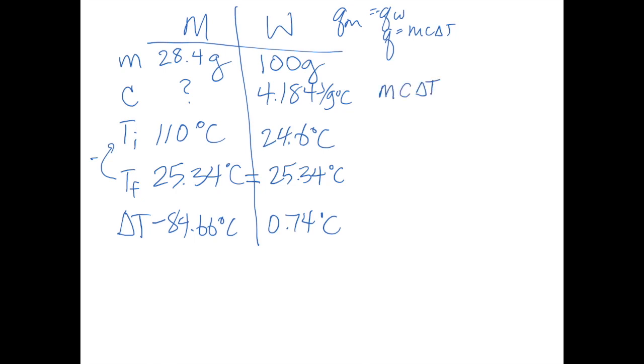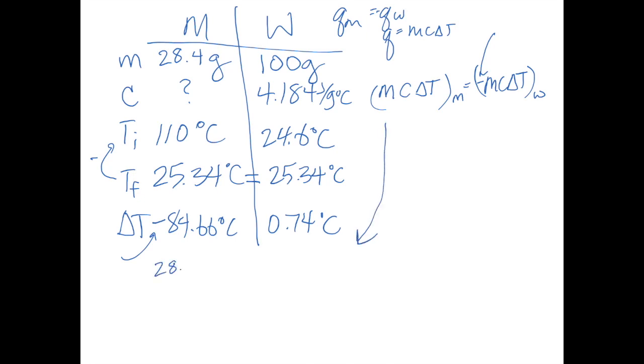So you get MC delta T for the metal is equal to negative MC delta T for the water. This negative sign is going to cancel out with that negative sign. So you're not going to get a negative number, but you need to have both of them there in order to cancel out. Okay, so let's plug in our values. I'm going to do this down here where I have more space.